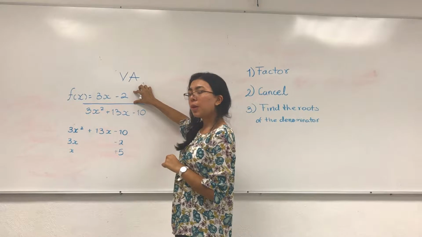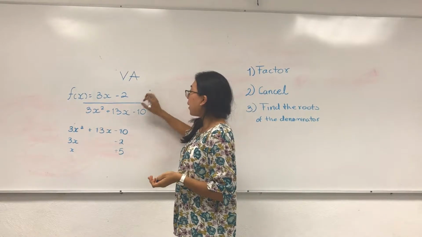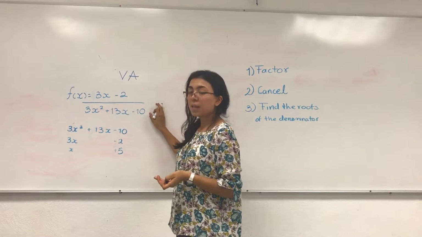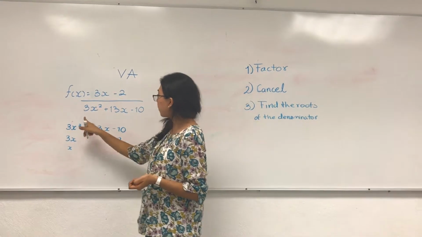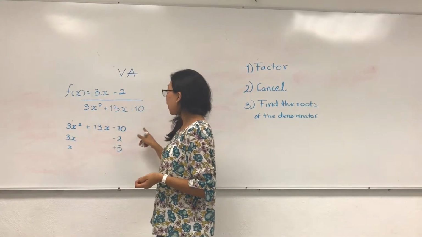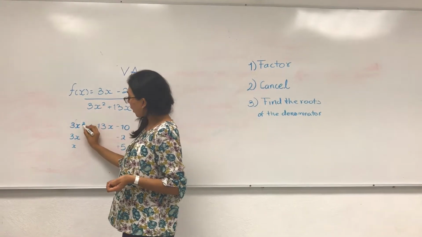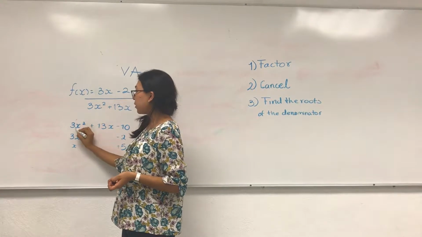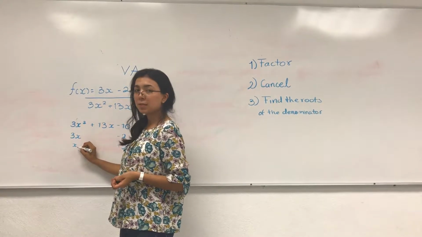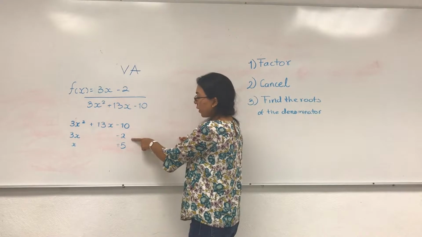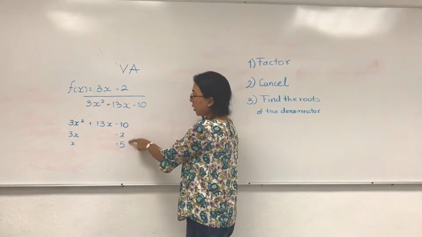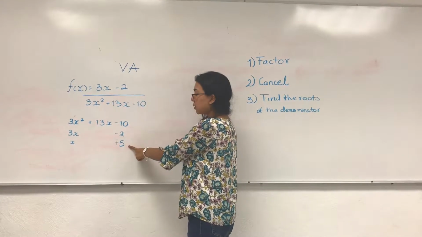This numerator cannot be factored, but this one, the denominator, can. So we have this polynomial, and for factoring, we get the factors of 3x and x, and we find 2 factors of minus 10, minus 2 and plus 5.